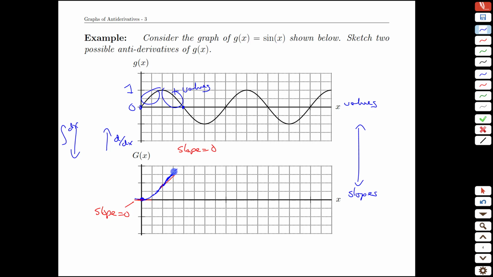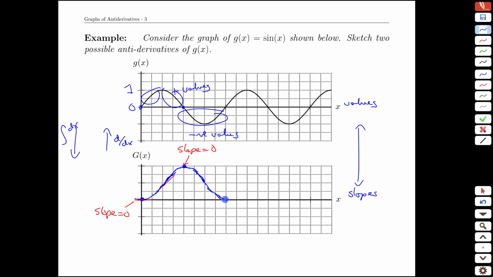So we're going to have positive slopes until we hit a 0 value. And then what happens after that? On this next interval, we have negative values. We're always below the axis, and that's going to translate into negative slopes. And we already know from our intuition that when we integrate a sine function, we're going to get something like a cos function. And in fact, that's what we end up getting here.